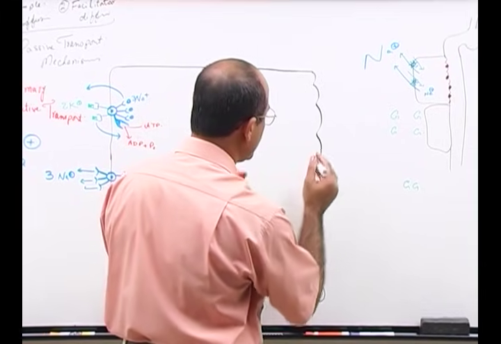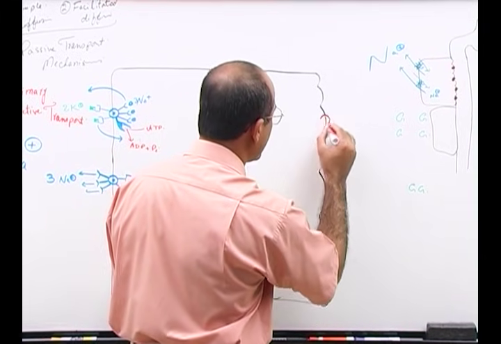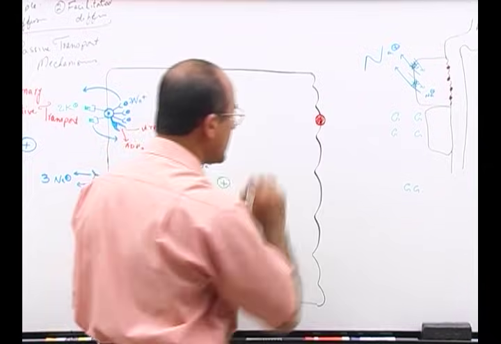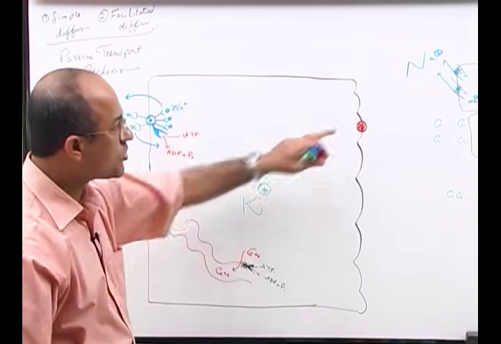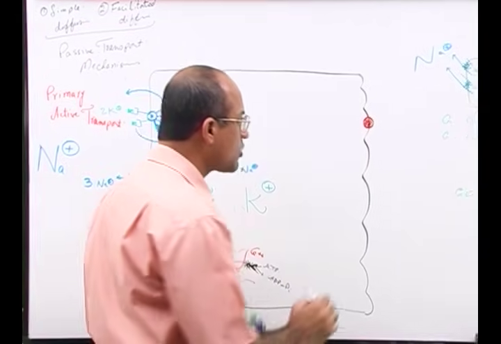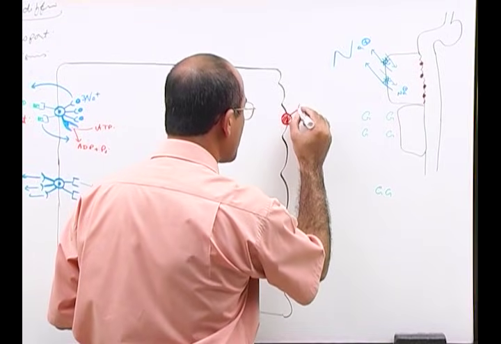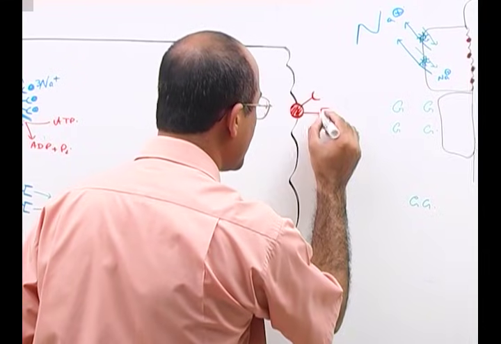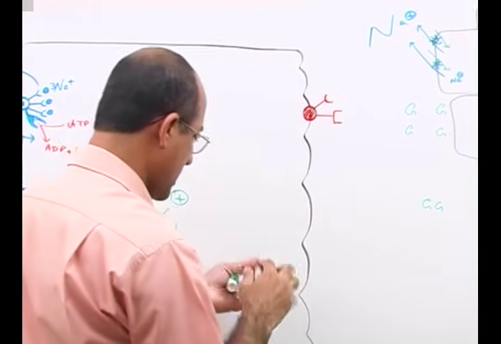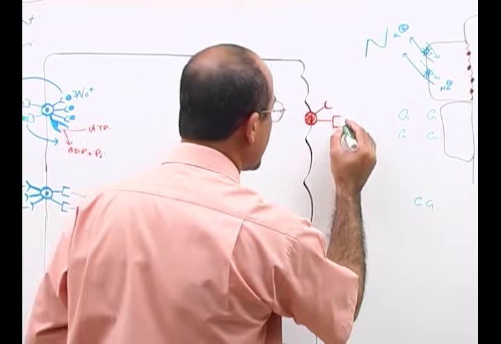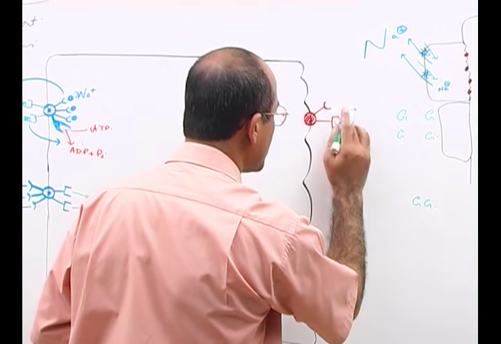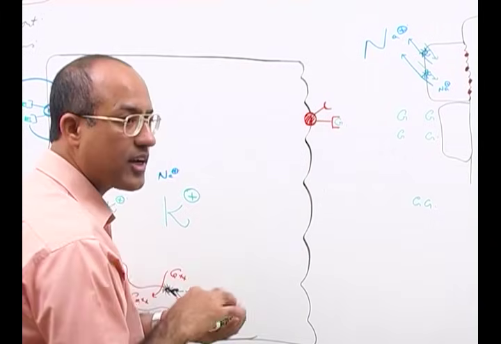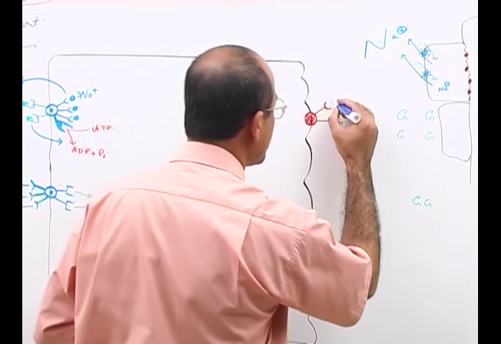Let's suppose this transporter is here, right? Now this transporter protein has two pockets. In one pocket, it can bind glucose, and in other pocket, it can bind sodium.